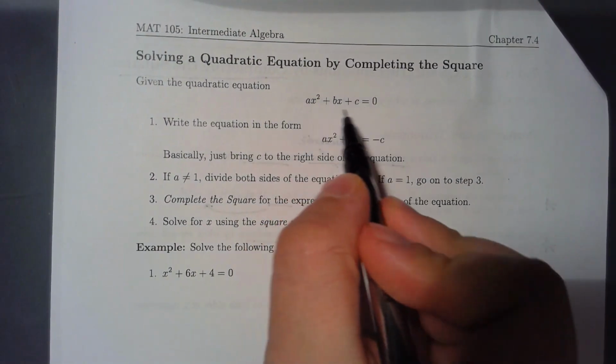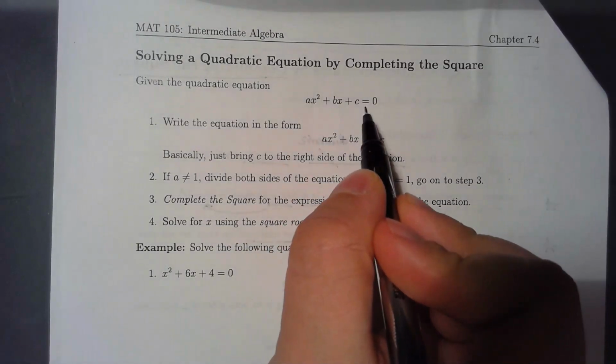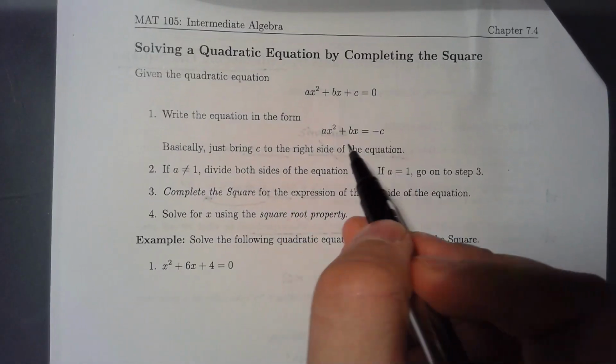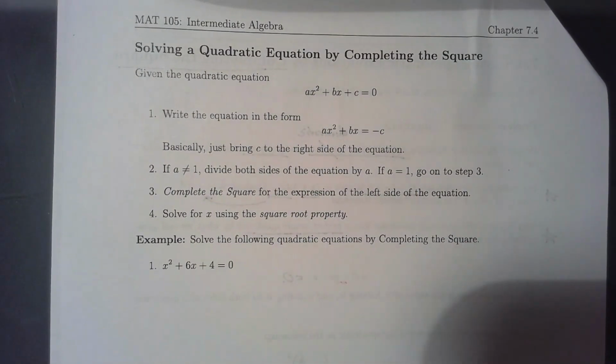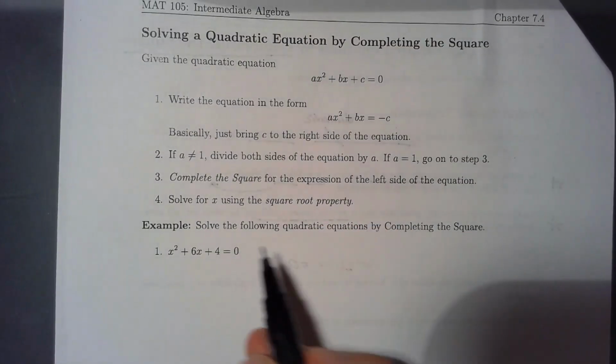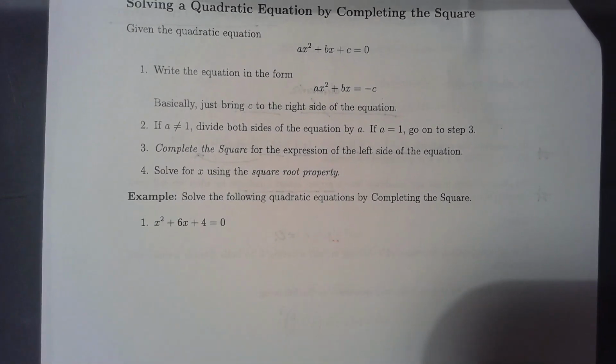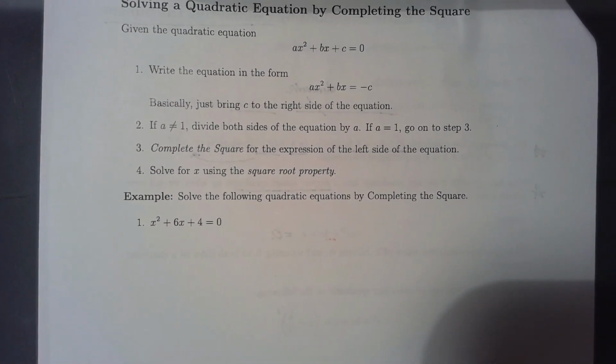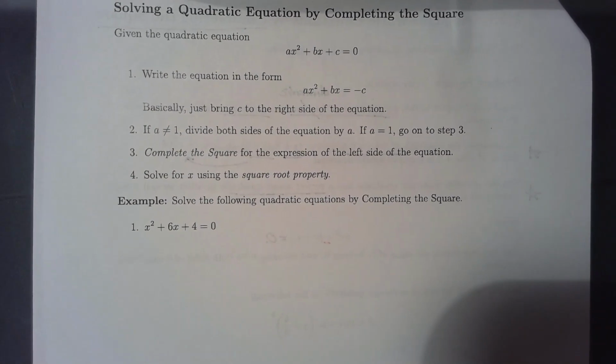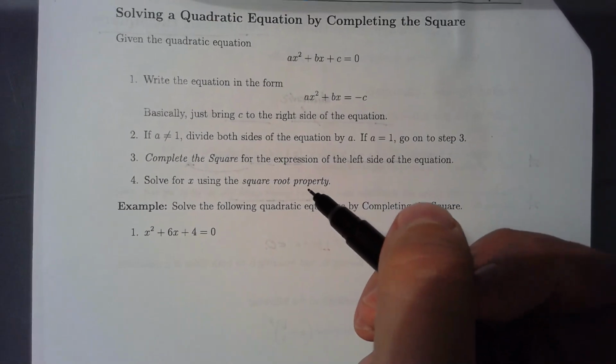If I have a quadratic equation, it's set equal to 0. This is the step-by-step process. Now, I'm not going to go through it verbatim. I'm just going to do it as I go through the process. But basically, it's really not that hard, and you get better at it by doing practice.